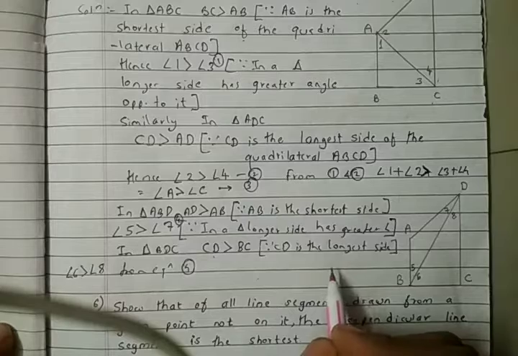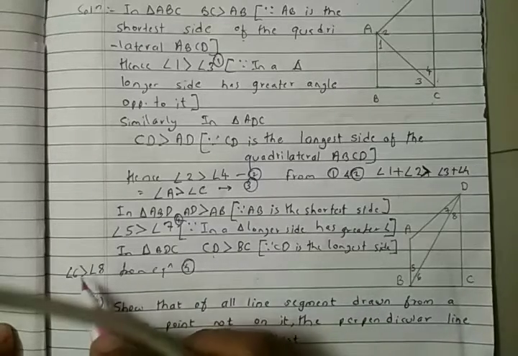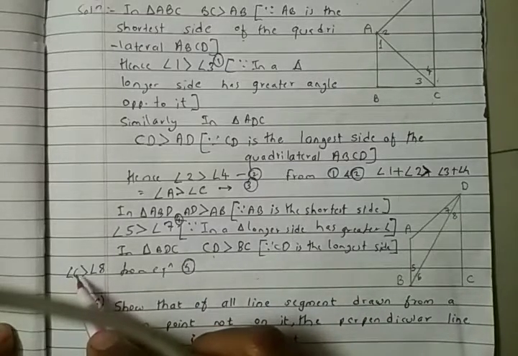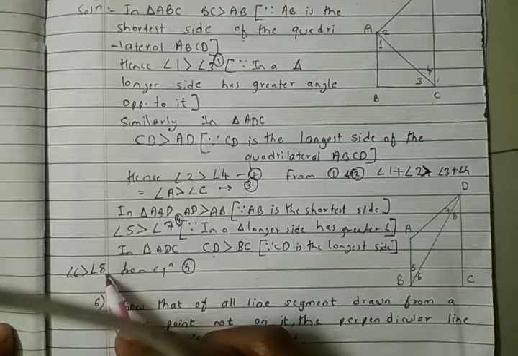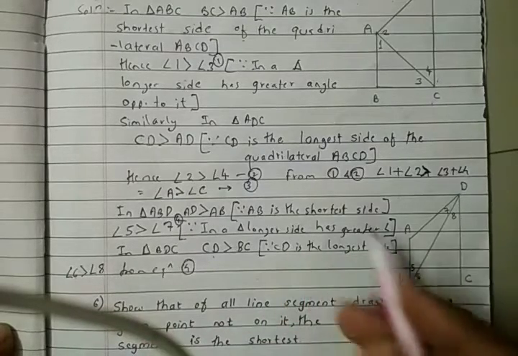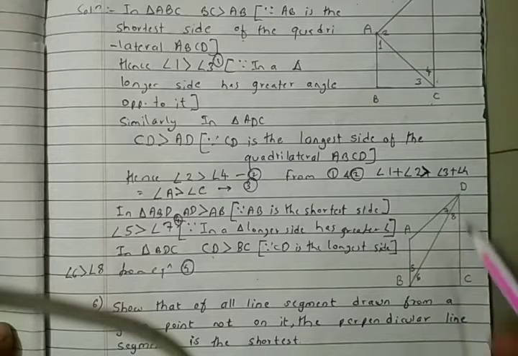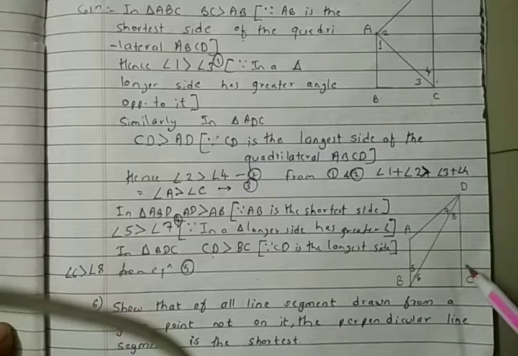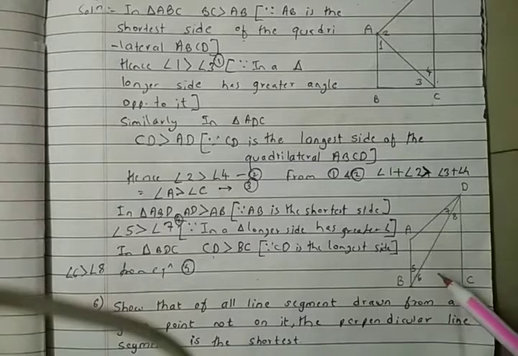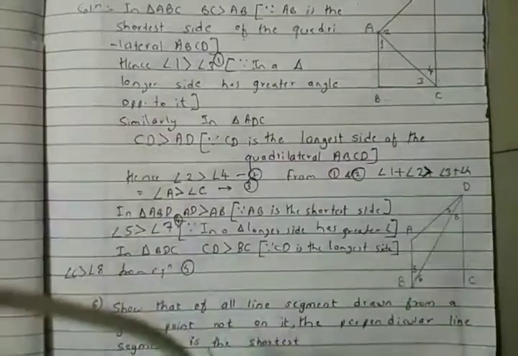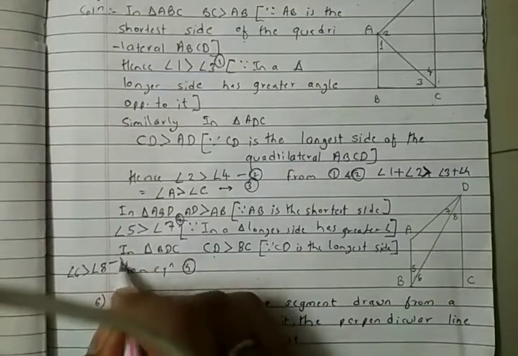Right? Now how is angle 6 greater than 8? Because in a triangle you know that the longer side has a greater angle opposite to it, right? This is the longer side and it has a greater angle opposite to it. And let us name this as equation 5.